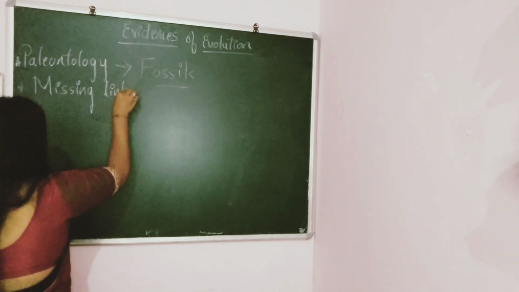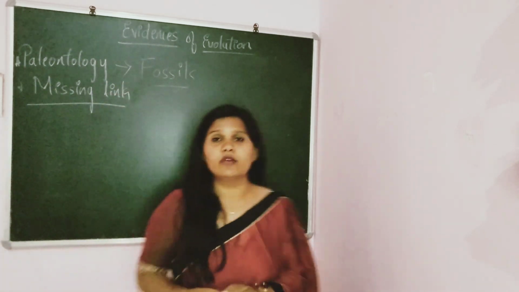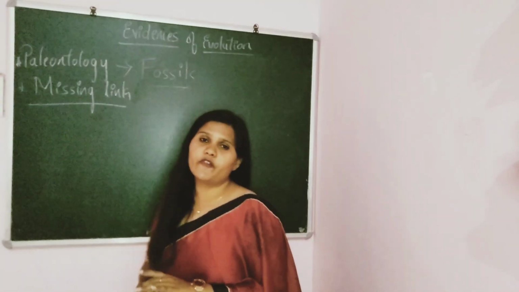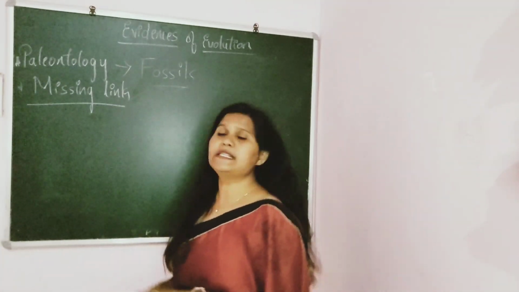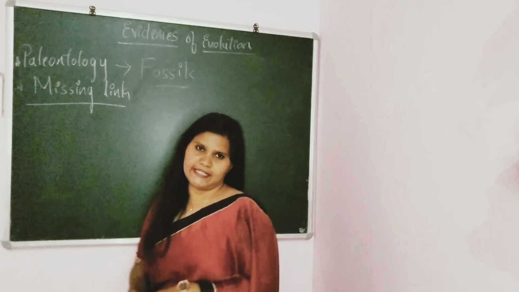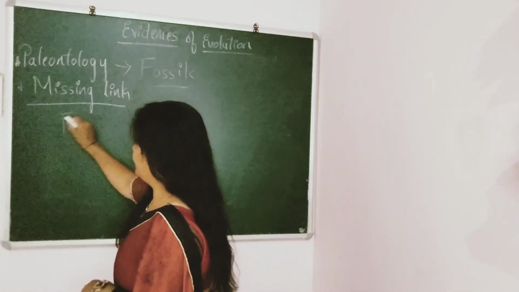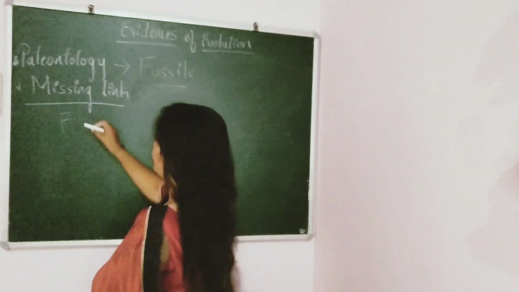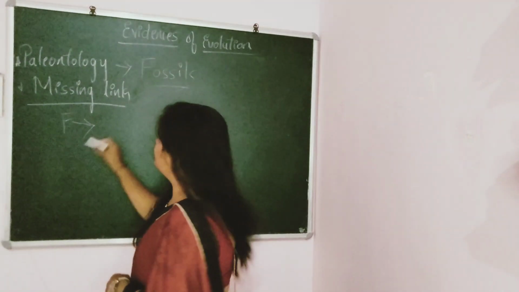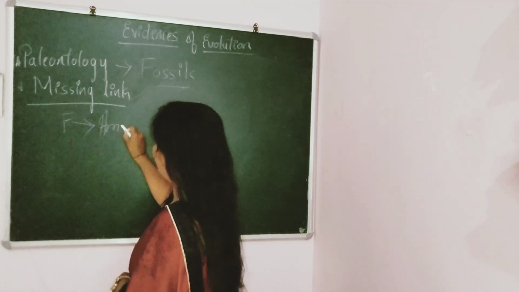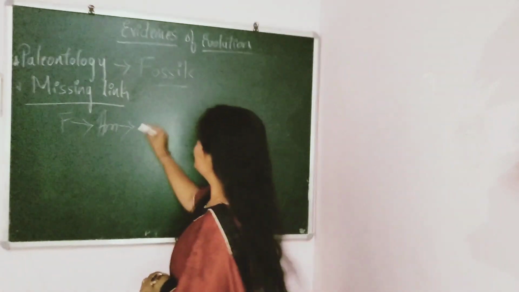Missing link. So we got to know that fossils are the evidences of evolution, and the next one is the missing link. So what is this missing link? Before that, we know that fishes evolved into amphibians.